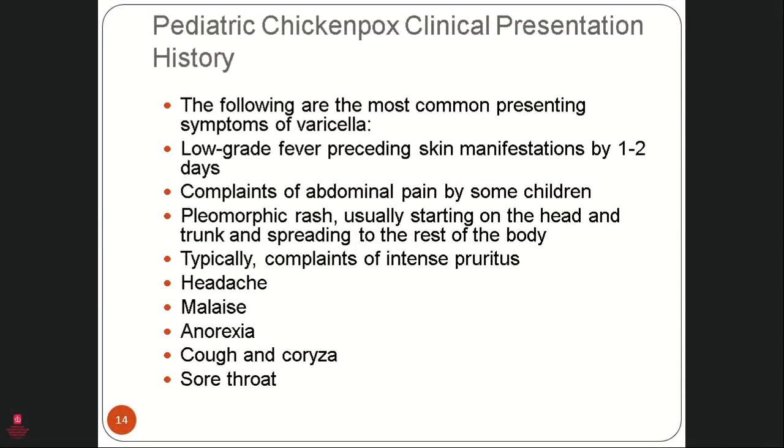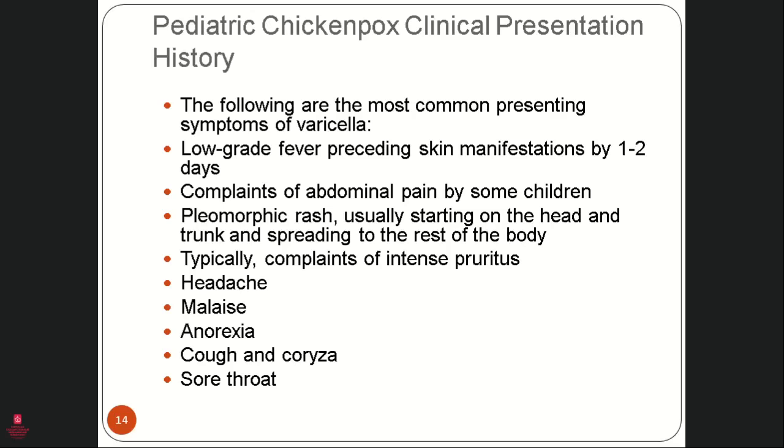The following are the most common presenting symptoms of varicella: low-grade fever preceding skin manifestation by 1-2 days, complaints of abdominal pain by some children, and a pleomorphic rash, usually starting on the head and trunk and spreading to the rest of the body.